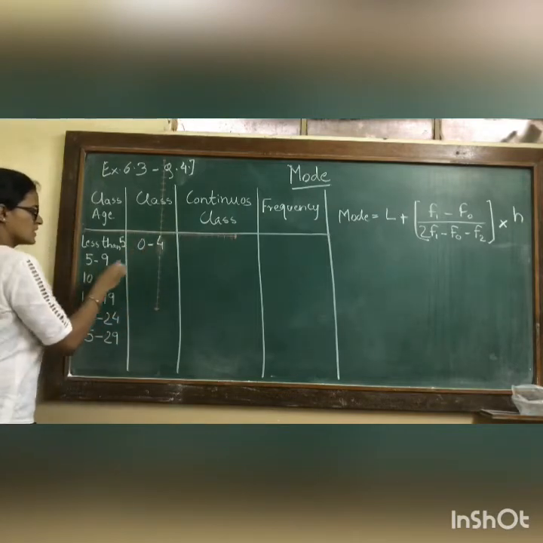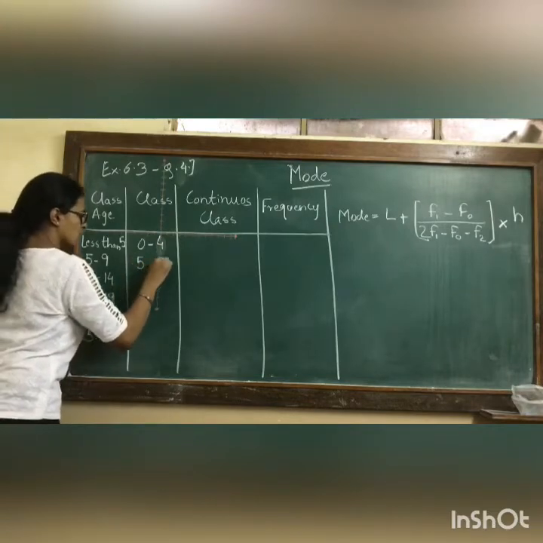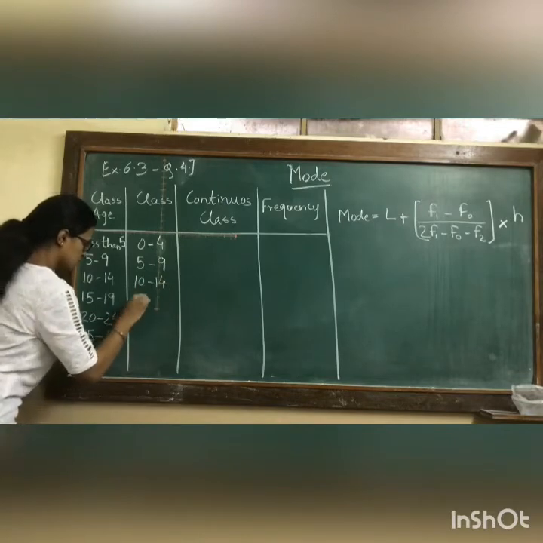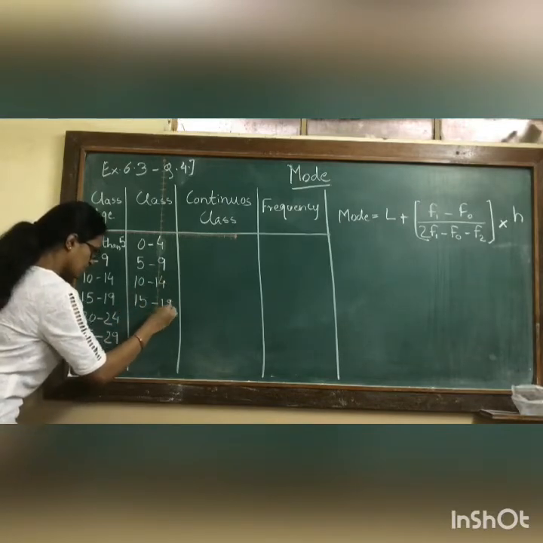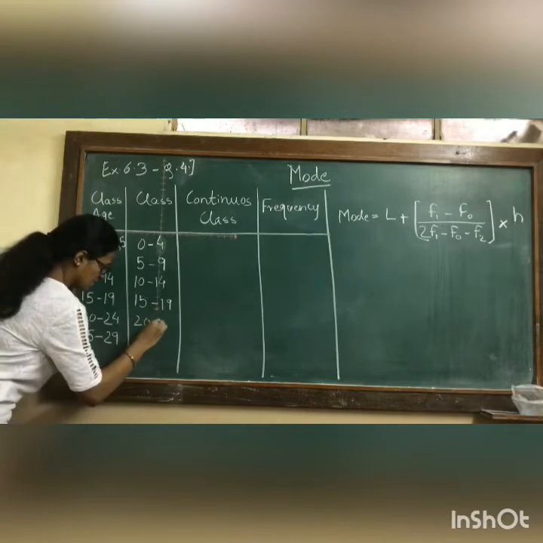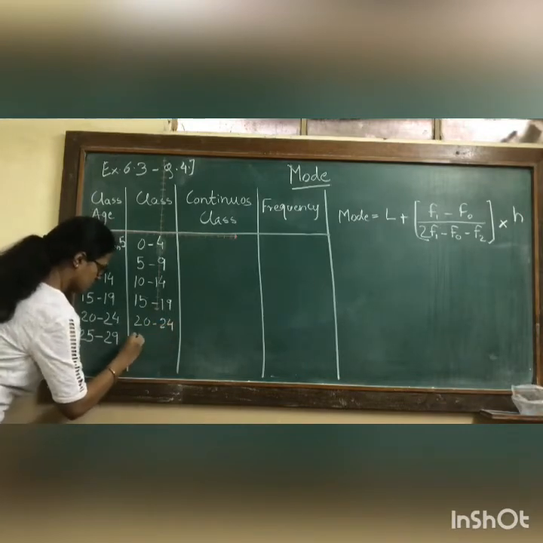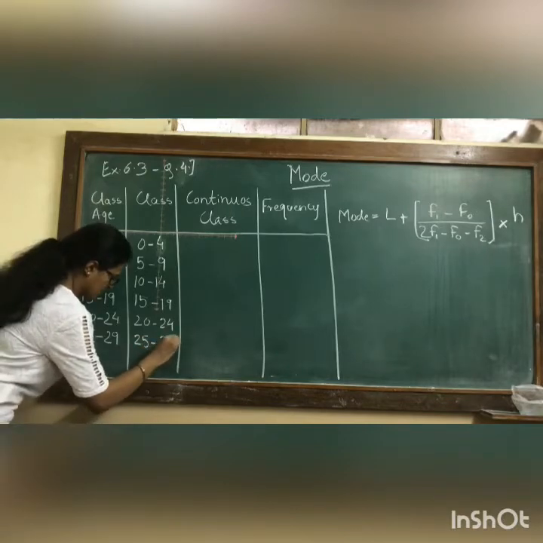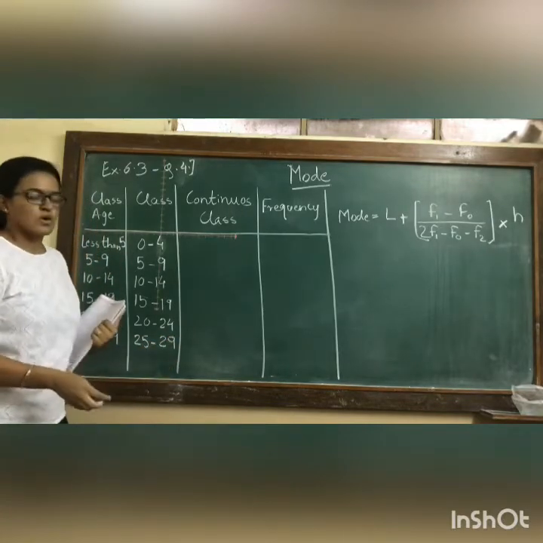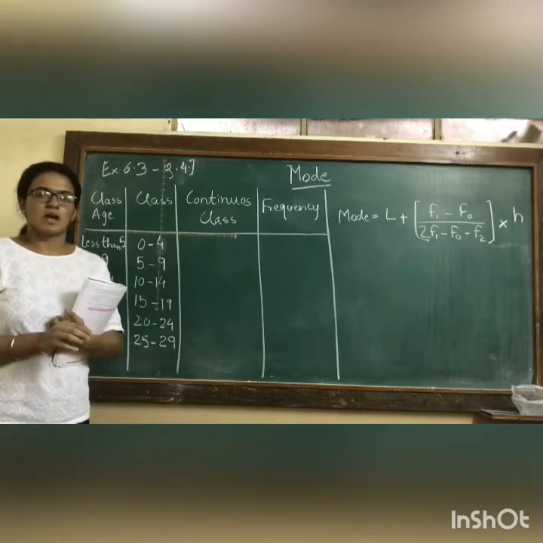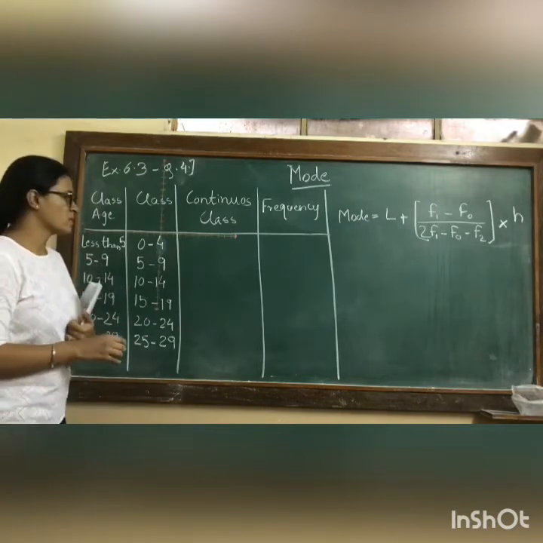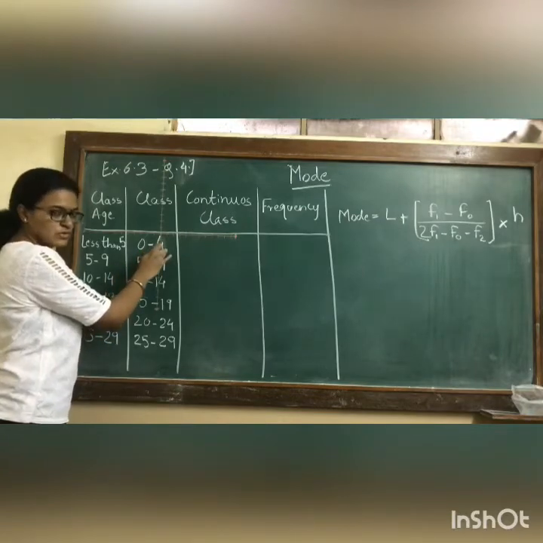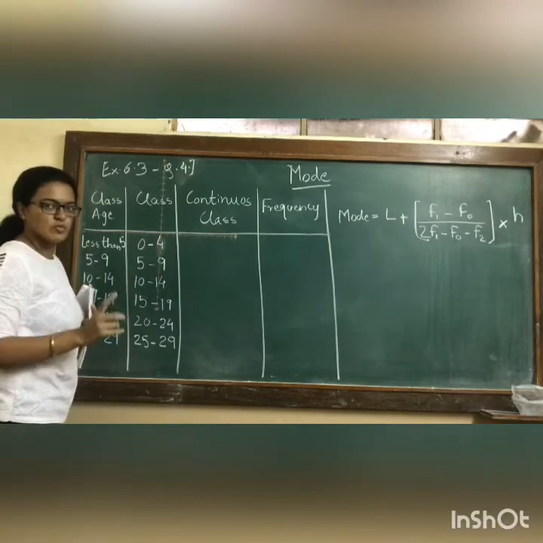Next we write it down as it is, because they are in the form of classes. For mode also, it is required that the classes are continuous. So we will make them continuous. 5 minus 4 upon 2, 1 upon 2 gives us 0.5.